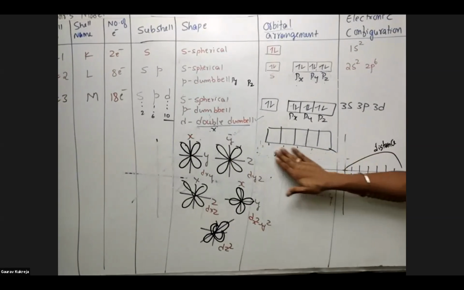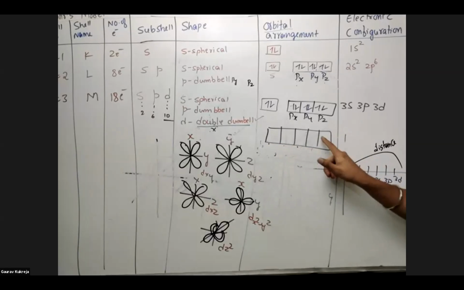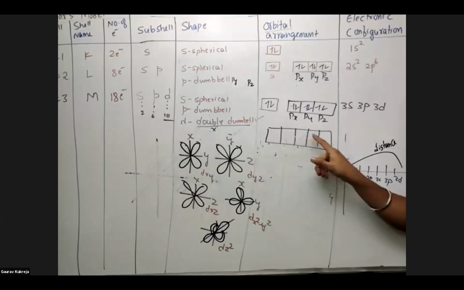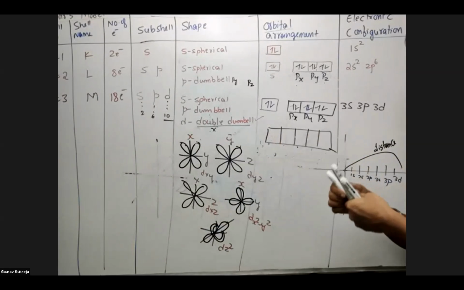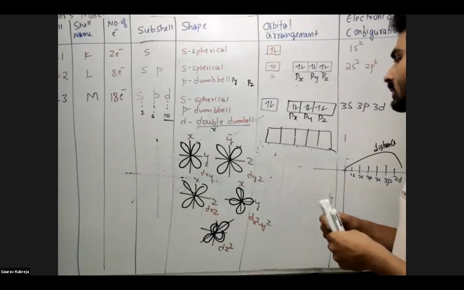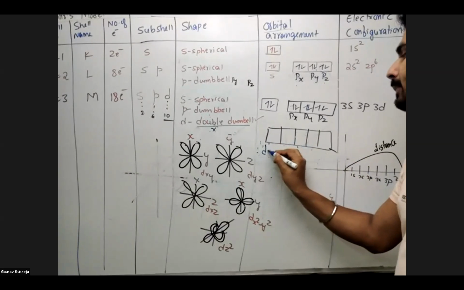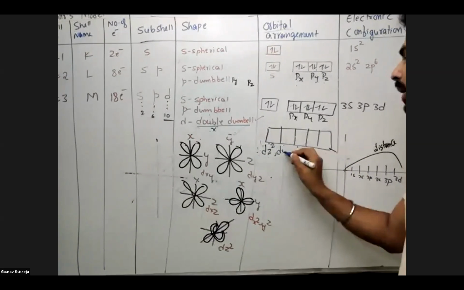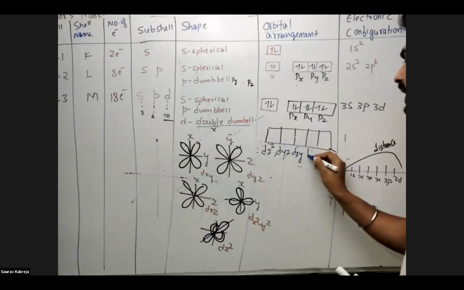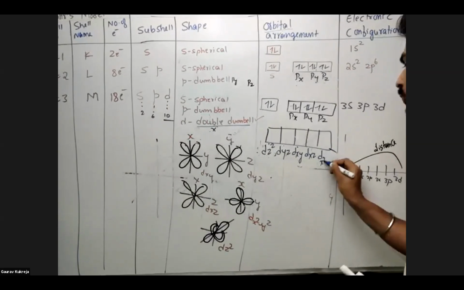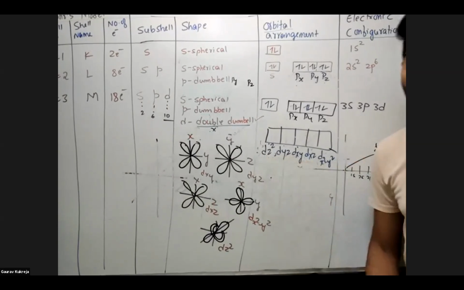There is nothing like that, because for an electron, all the 5 three-dimensional spaces in this shape are the same. So you can write dz square here, then you can write dyz, then you can write dxy, then you can write dxz, and then you can write dx square minus y square. Any order is possible.